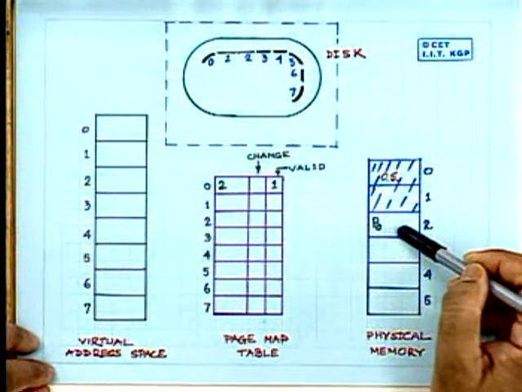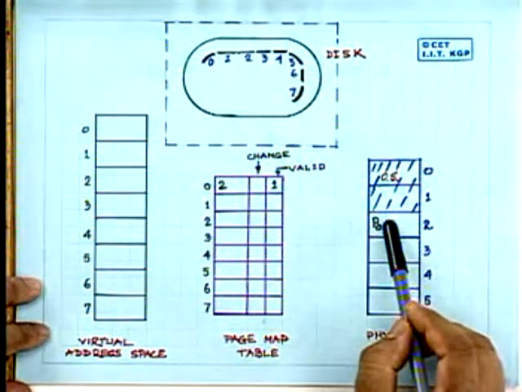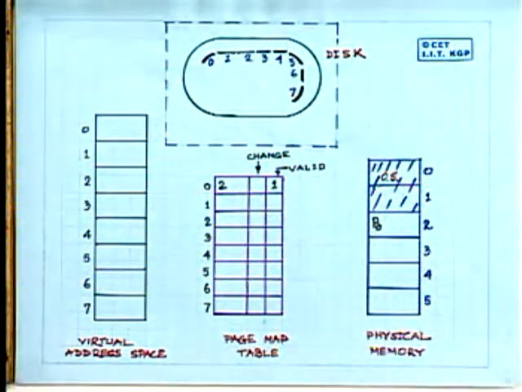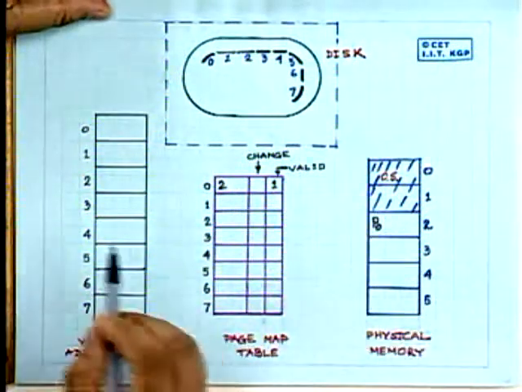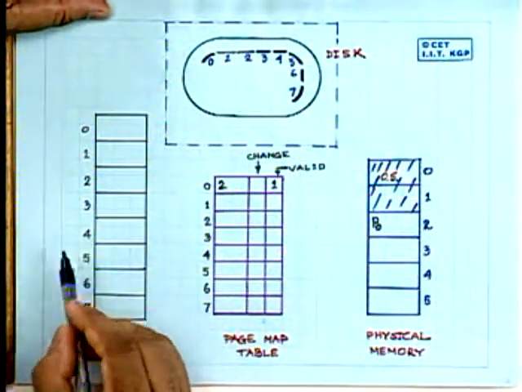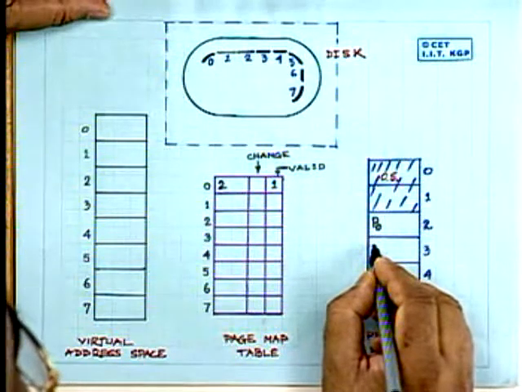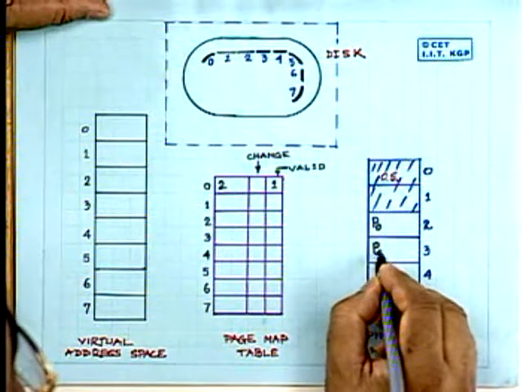After some time, when it finds that it needs another page, say page 4 is needed, then page 4 is brought here.